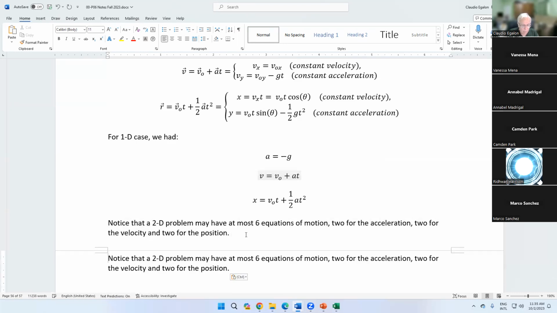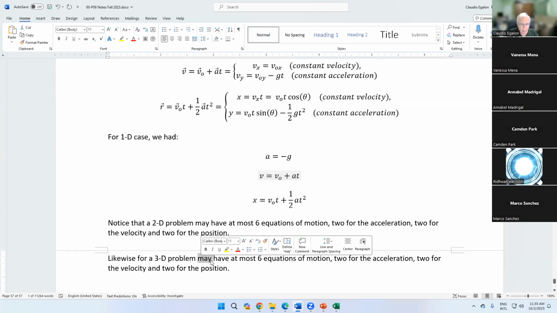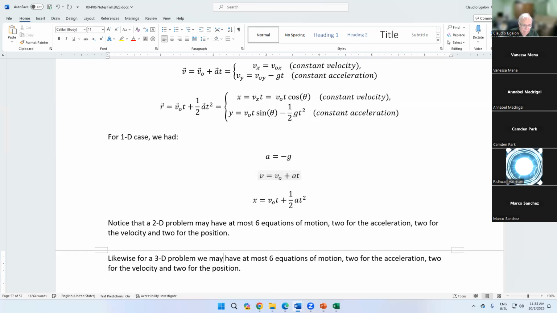Likewise, for a 3D problem, let's see, we're going to have 3, 6, 9. We may have at most 9 equations of motion: 3 for the acceleration, 3 for the velocity, and 3 for the position.